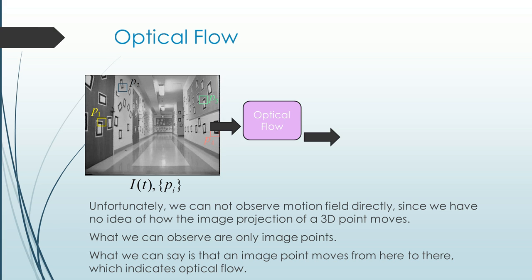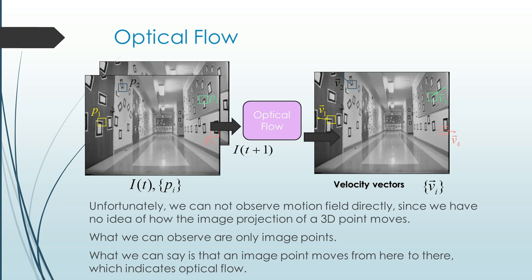So for example, we have this initial original image, and then we have other images based on the consecutive frame. From here we can calculate these particular vectors for the same correspondence of the 2 points in the different frames. These are called the velocity vectors, and let's see how we can calculate them.